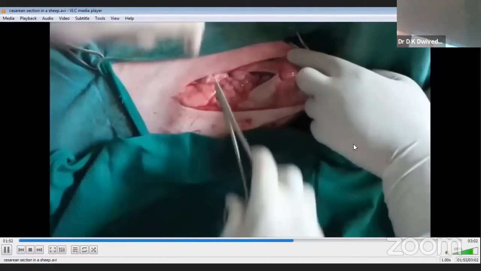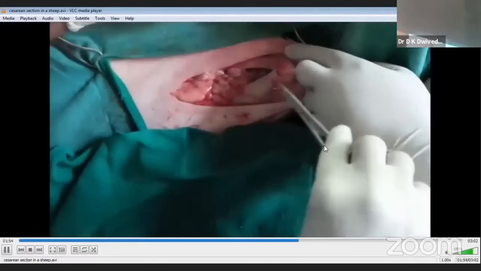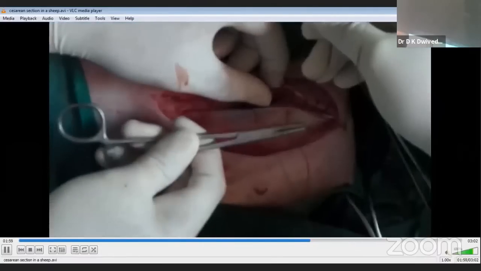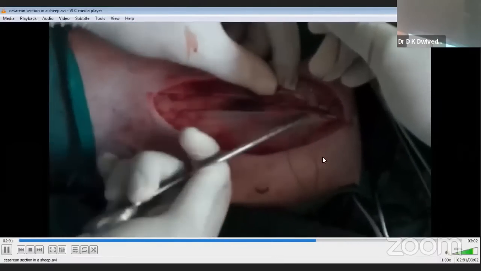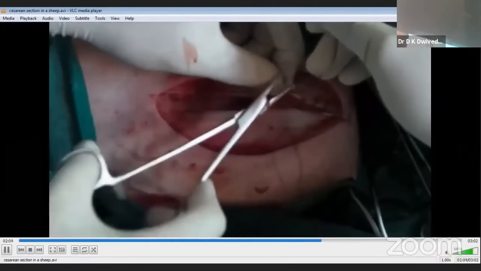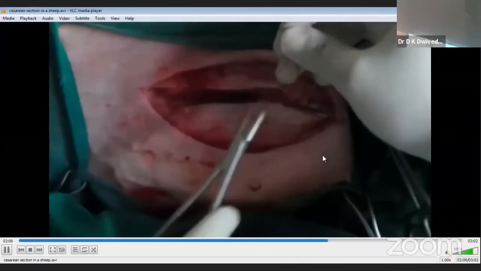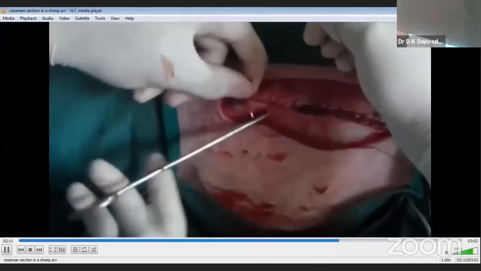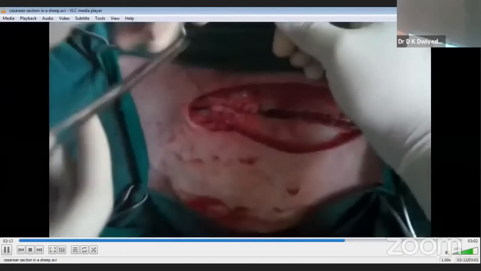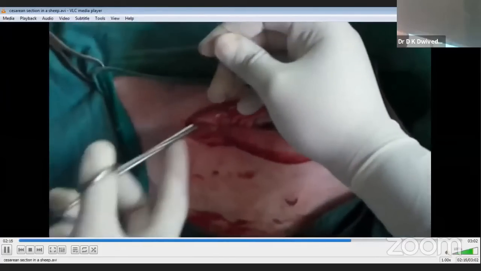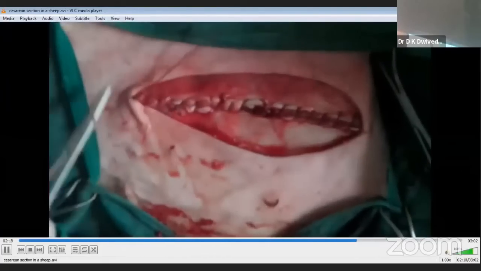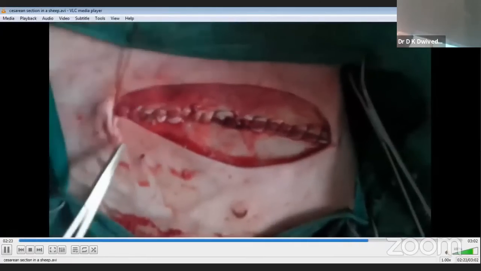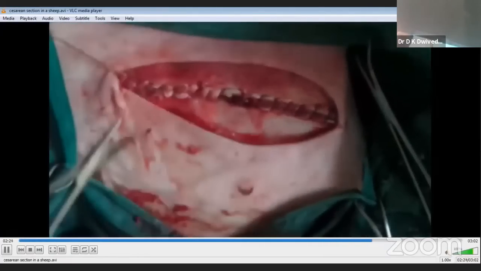Then this is the abdominal incision closure or laparotomy incision closure. This is the completion of the repair of the abdominal muscles.